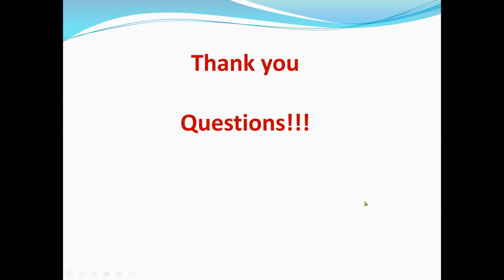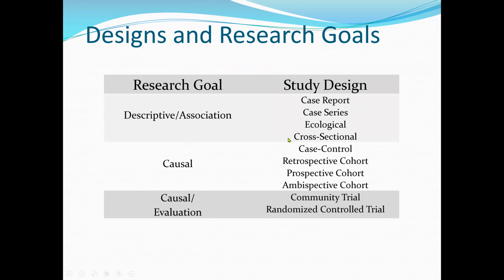Again, in this chapter, we studied different types of epidemiologic study design. The most important thing we should know is that the study design always associates with the research goals. In our previous lecture, we said there are four different research goals, and we can see in our last section that we've categorized them. Based on the research goal, we may know the type of study design we are going to use.